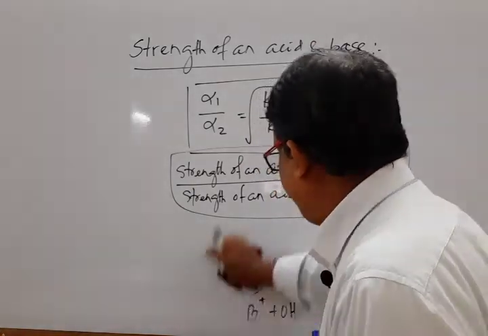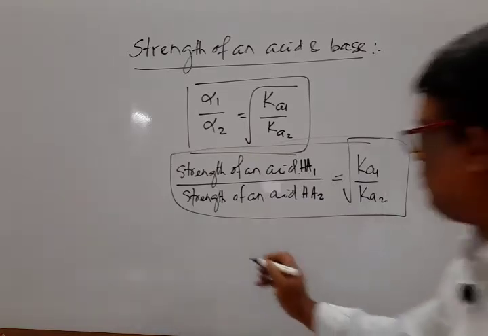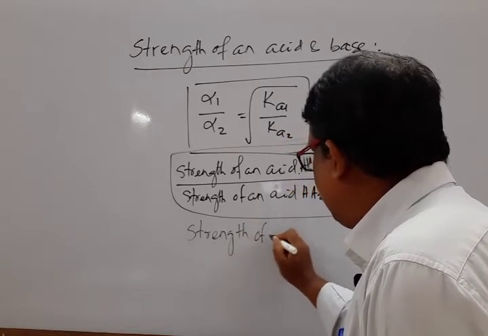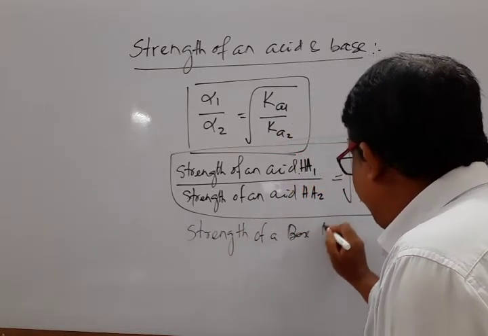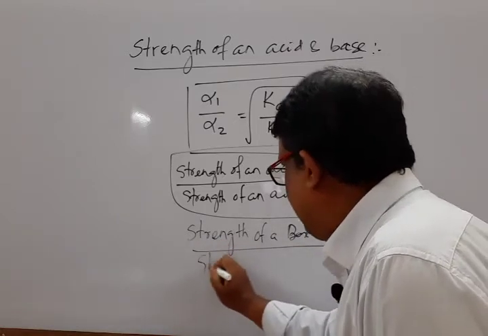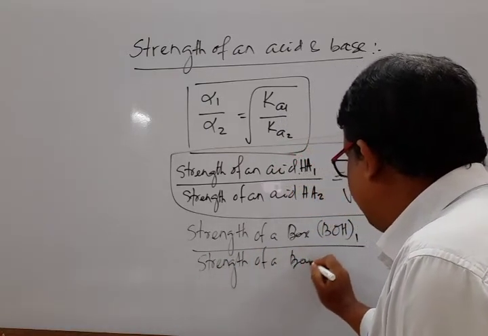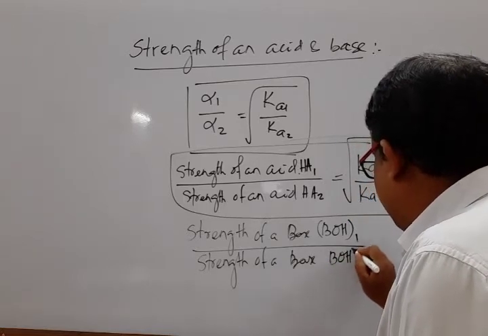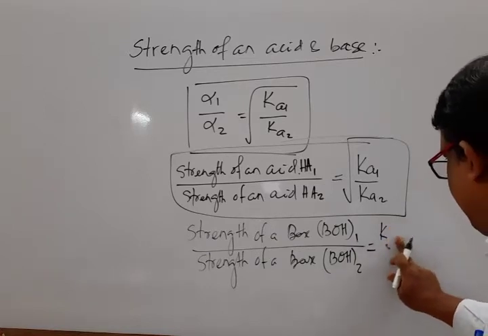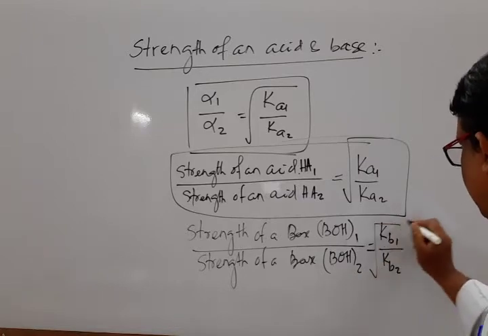If we compare weak bases, we can write the strength of base BOH1 by the strength of base BOH2 is equal to KB1 divided by KB2, whole square root.